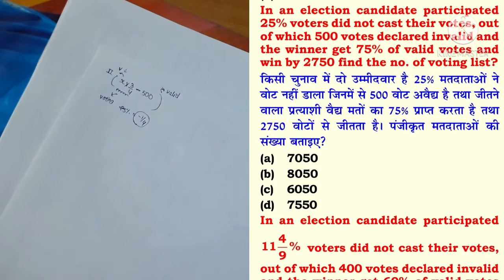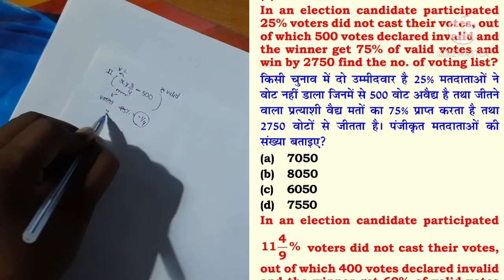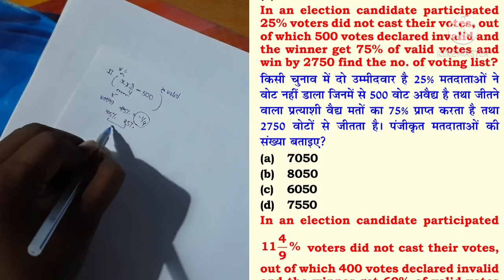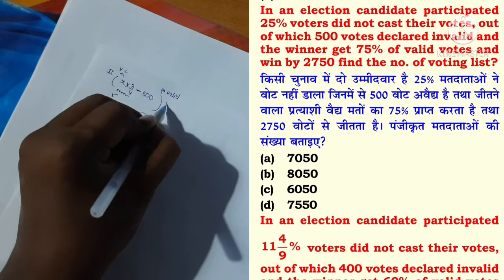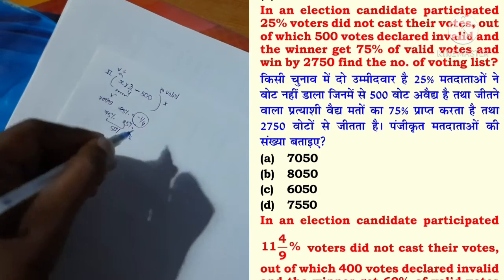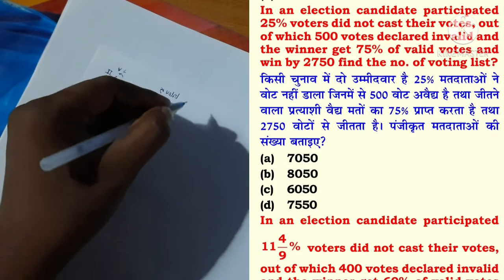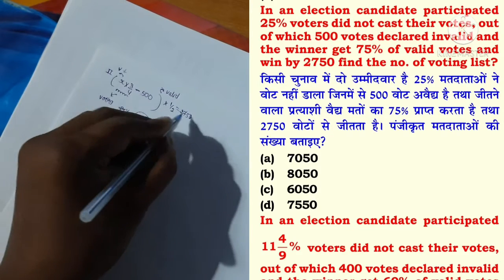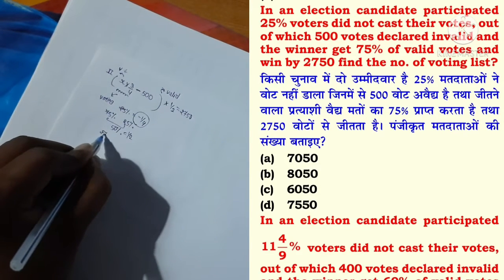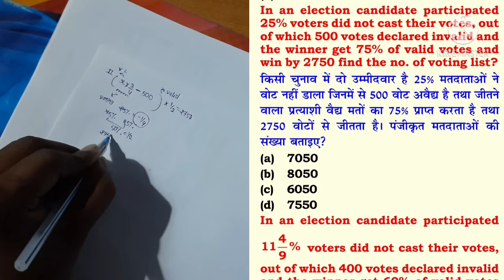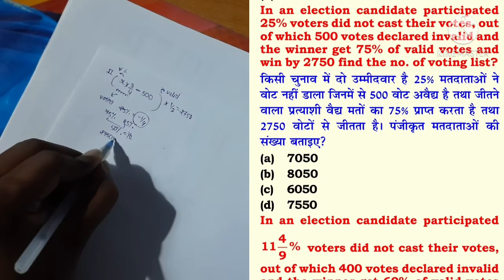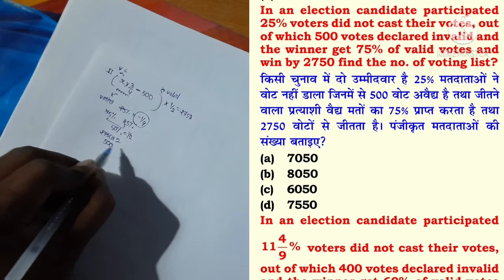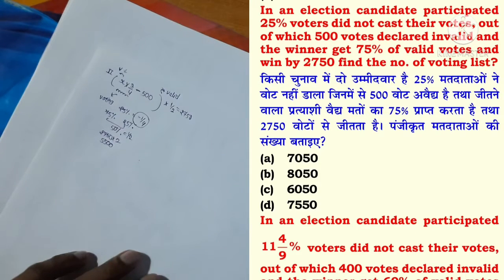In this value, the winner will get 75%, so the loser will get 25%, so the difference is 50%. So 50% is 1 by 2. So the result is equal to 2750. So 2750 into 2 is 5500.